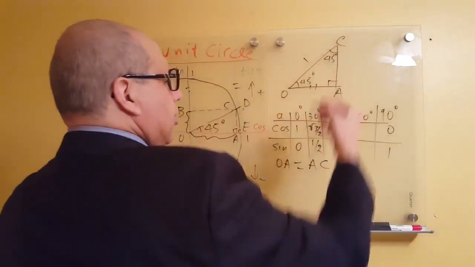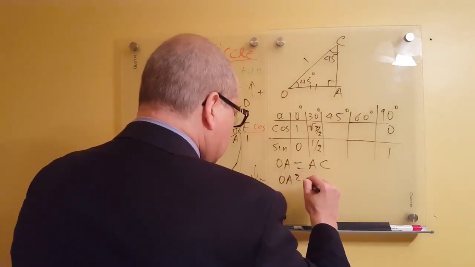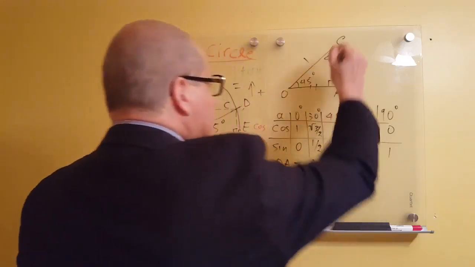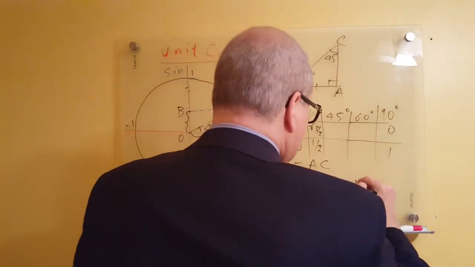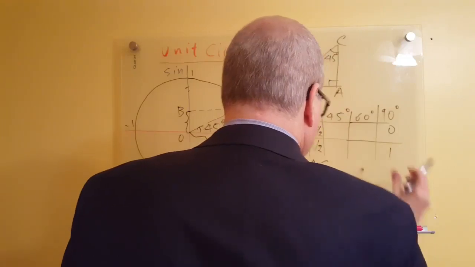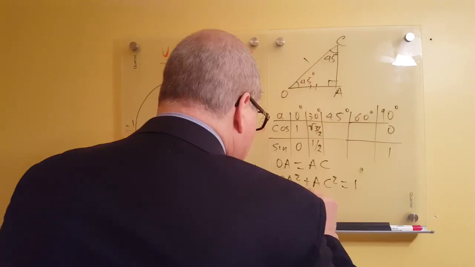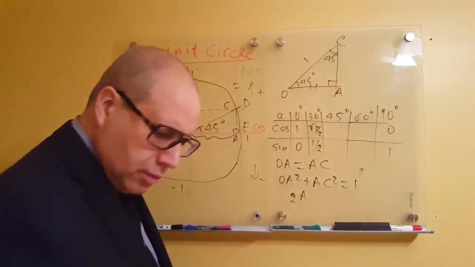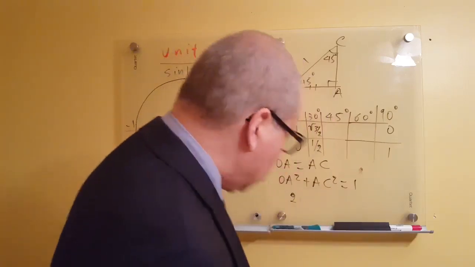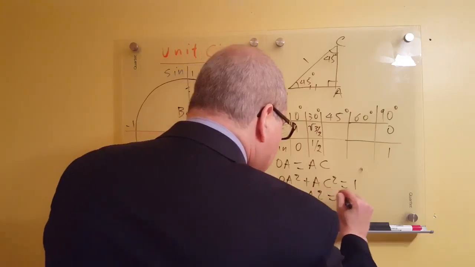And now if you apply again the Pythagorean theorem here, what you have is that OA squared plus AC squared will give you the hypotenuse squared, which is 1 squared, so 1. And of course, because these two are the same, you have 2 times OA squared is equal to 1.